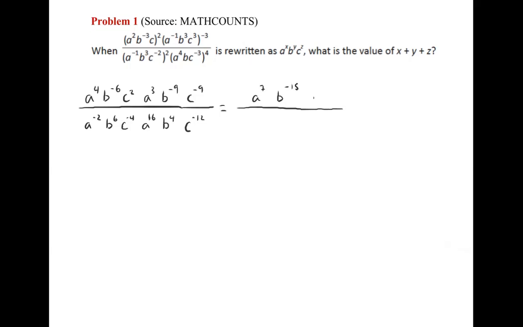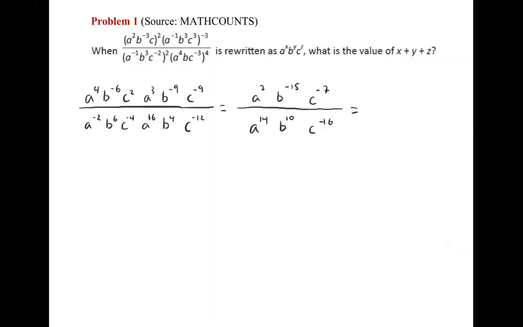For c, 2 plus negative 9 is negative 7. And then we can do the same thing for the denominator, and we'll have a to the power of 14, b to the power of 10, and c to the power of negative 16.